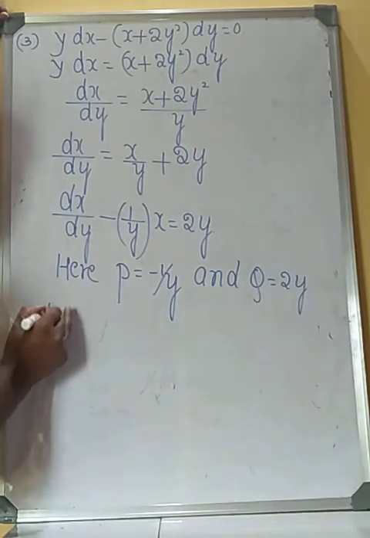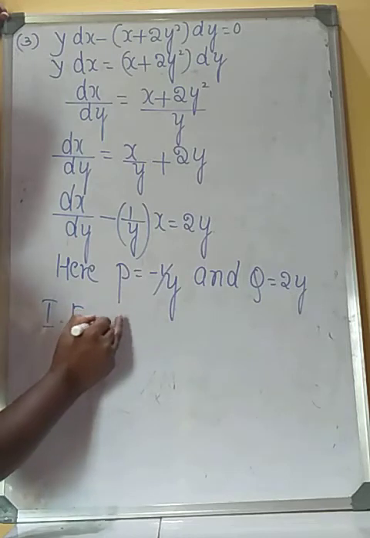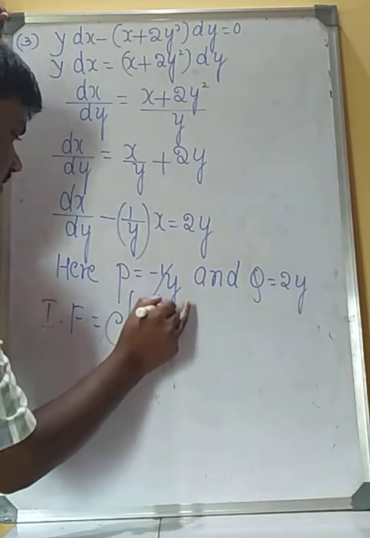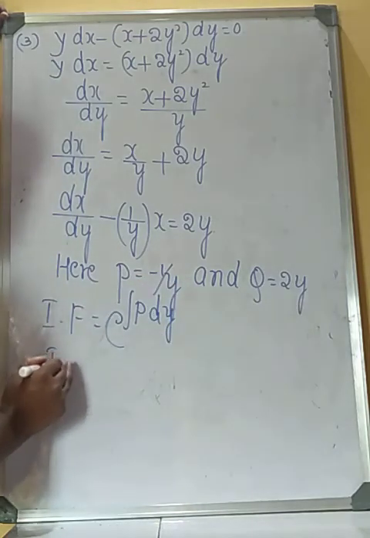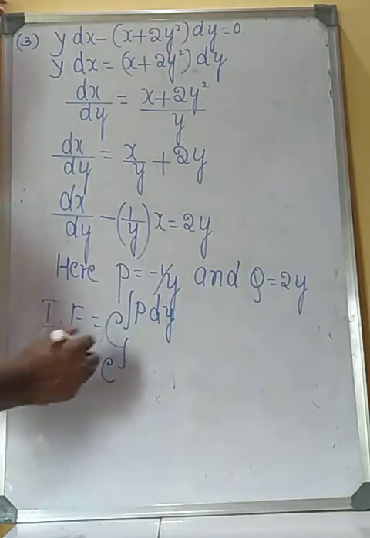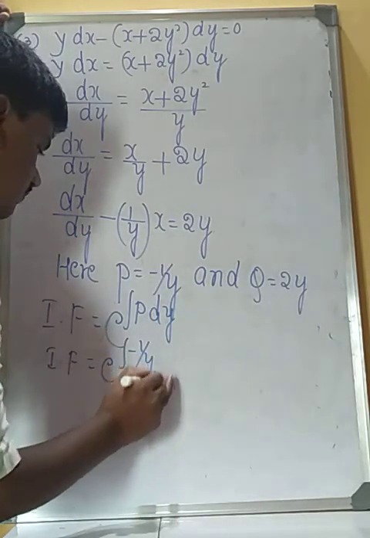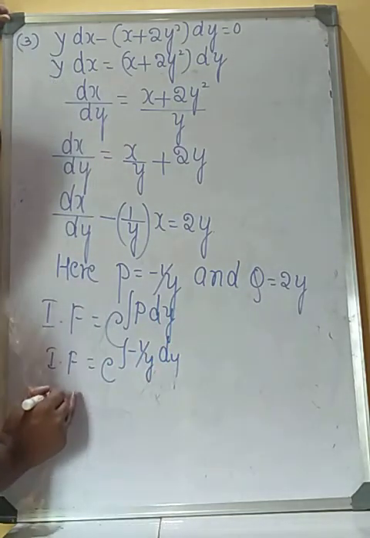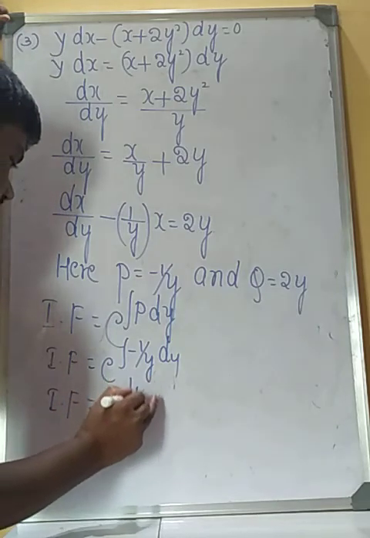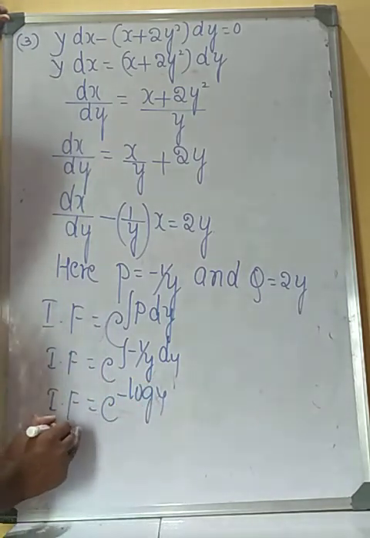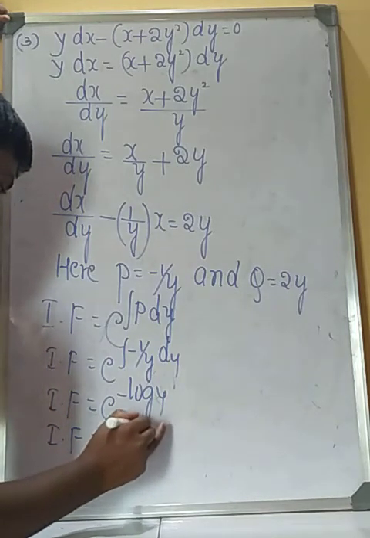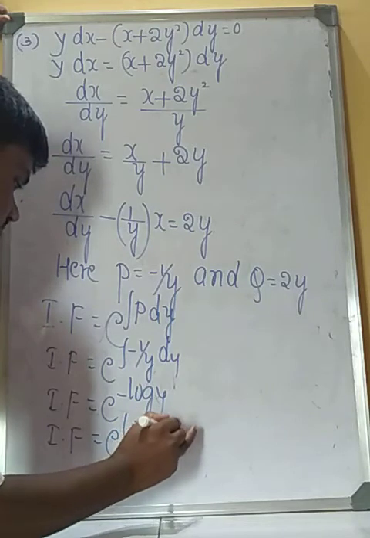Now find the integrating factor. Integrating factor is equal to e power integral of p dy. Therefore, integrating factor is equal to e power integral of minus 1 by y dy, which is e power minus log y, which is e power log y to the power minus 1.